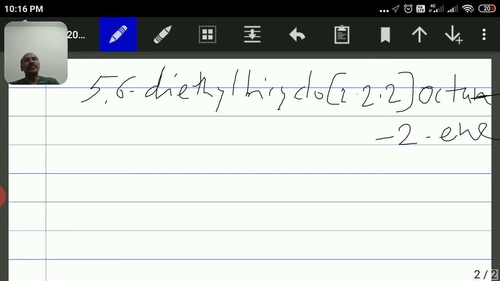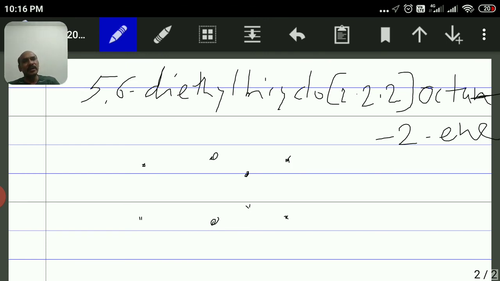So we'll write first the bridgehead carbon atoms, dots for the bridgehead carbon atoms. Then to the left side I am writing 2 dots for one bridge, then to the right side 2 dots for another bridge. And then again for the third bridge I have to write 2 dots, either to the left or right, but in the middle.